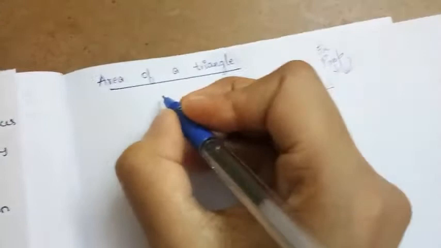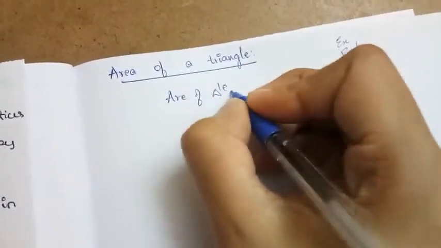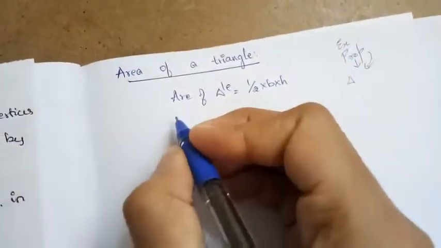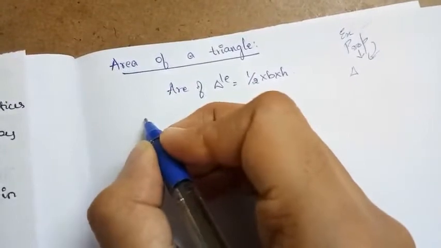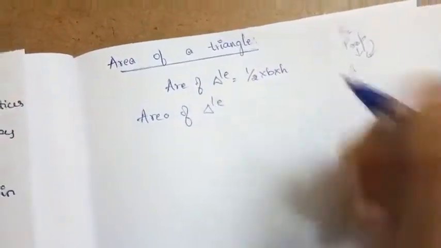In the elementary classes you might have learned that the area of a triangle is half into base into height, and in the 10th you might have come across the area of a triangle when the three sides are given.